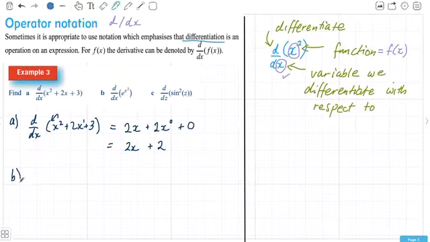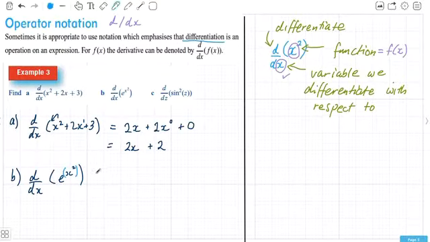The next one, you've got d/dx outside of a more complicated looking function, e to the power of x squared. So that means differentiate this function. Now to differentiate this function, we're going to think of this as the exponential function with a function inside.